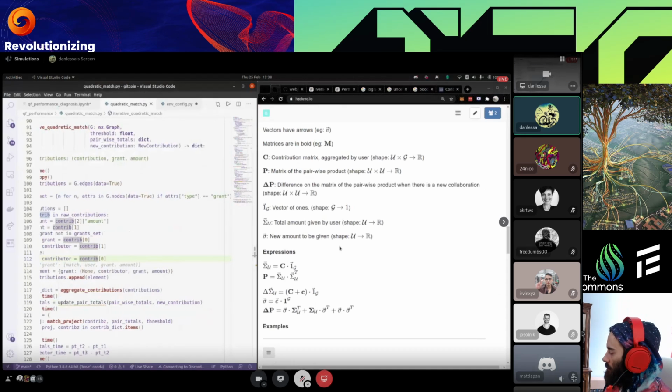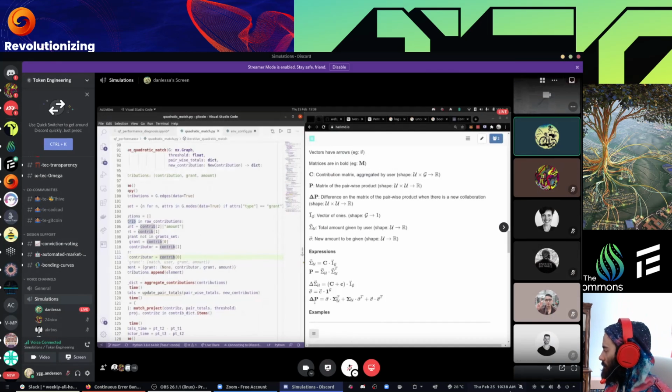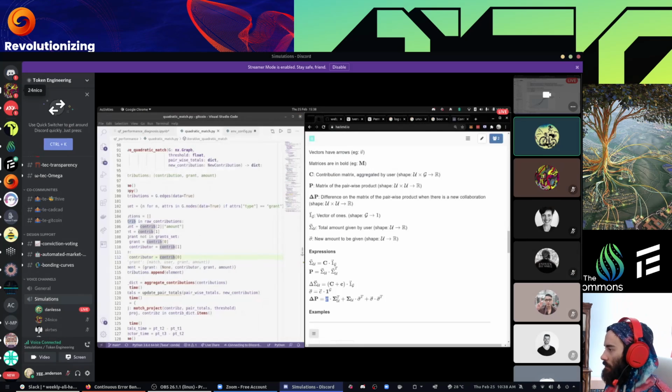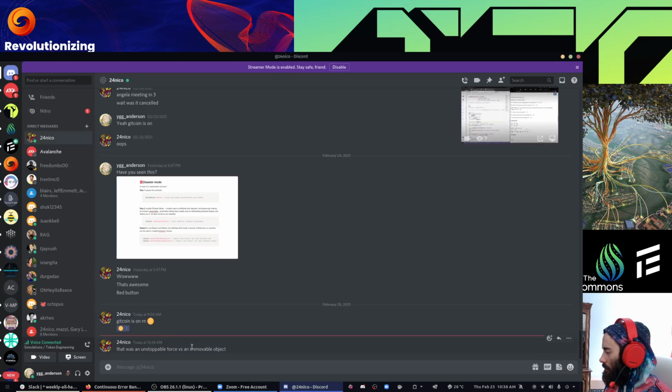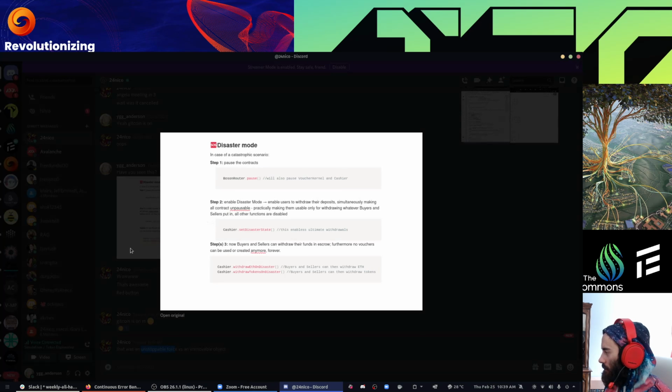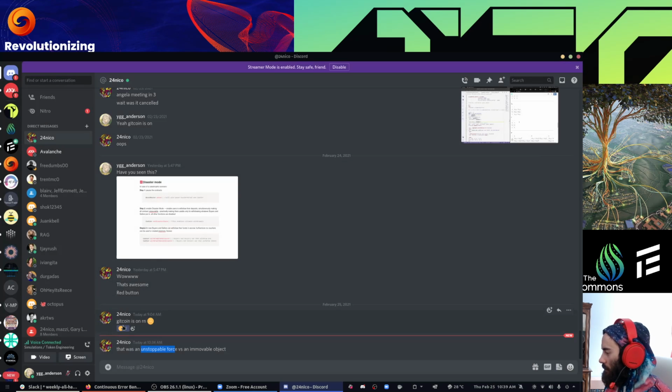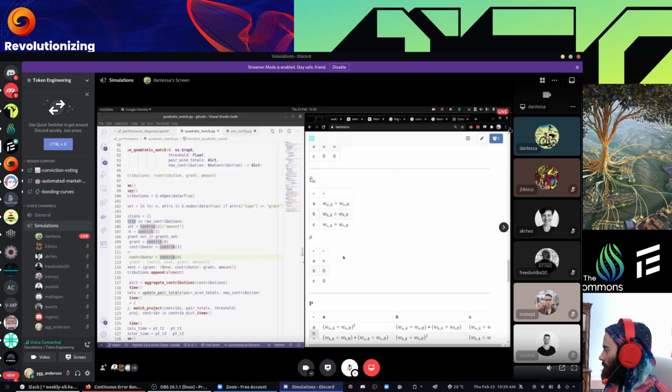So let me see on what P depends. The P depends on the sigma here. That sigma is simply the new contribution vector. It's a certain object that is better explained here. Sigma essentially tells how much the amount has changed for each user.